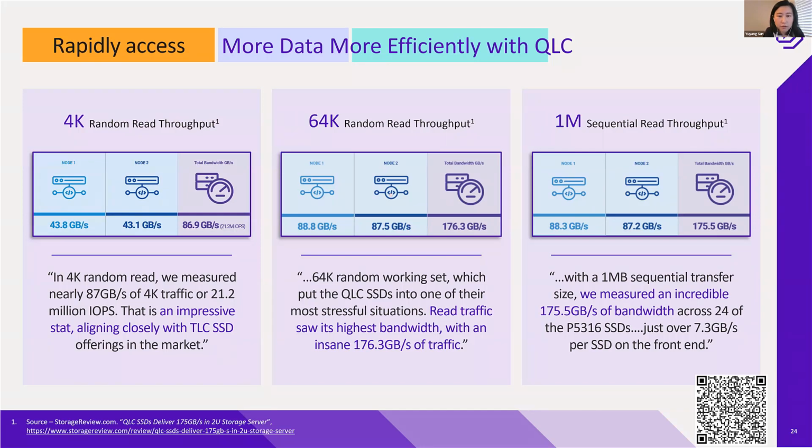It's able to give you as high as hundreds of gigabytes per second bandwidth with very impressive cost savings. As mentioned earlier by Tom, it's about 20 to 30% lower cost than the mainstream TLC SSDs. Next slide, please.